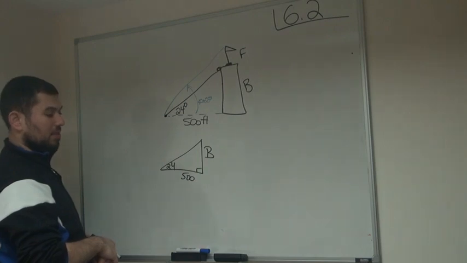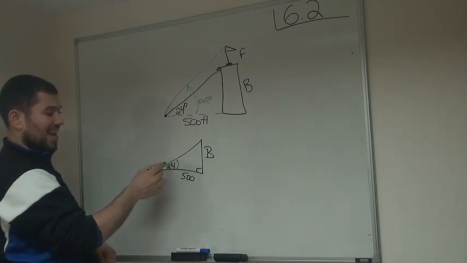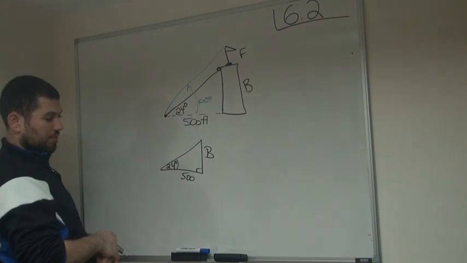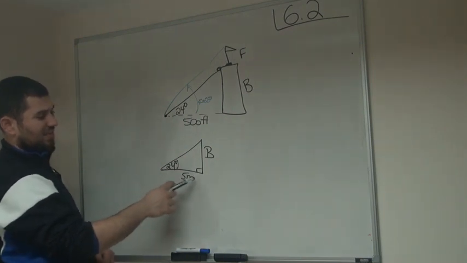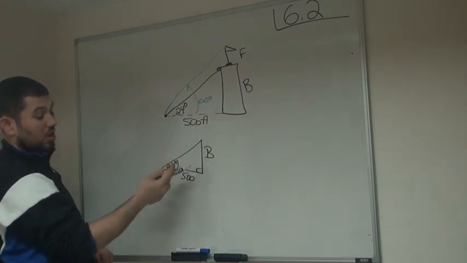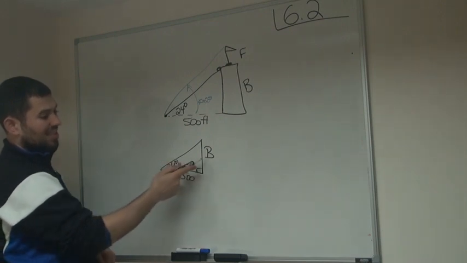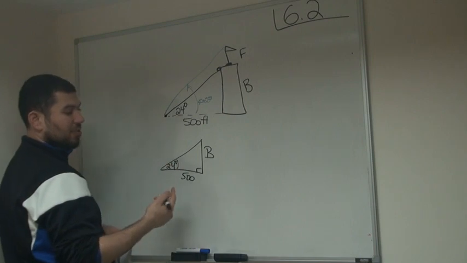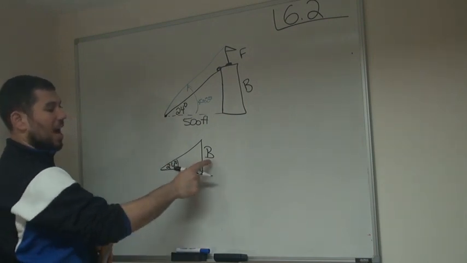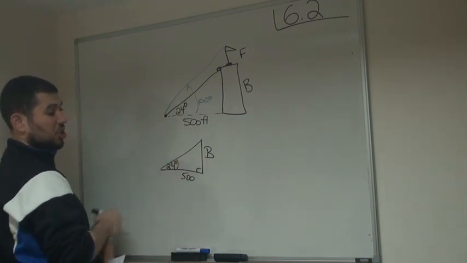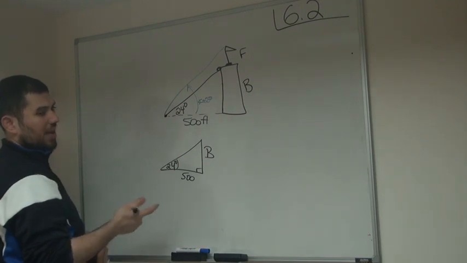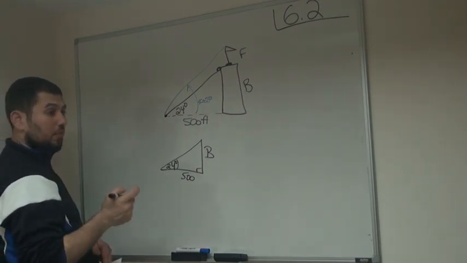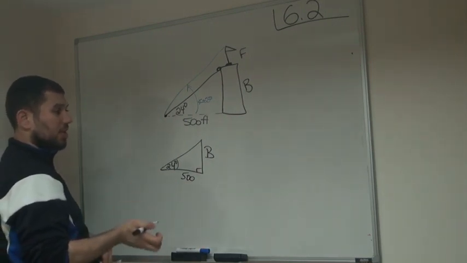Well, let's think about this. This angle is 24 degrees, this side is 500, and this side is unknown. The side that's unknown is opposite the angle. So do I have a trig ratio that relates the opposite side to the angle and the adjacent side to the angle? O and A. I do. I have two of them. I have tangent and cotangent.